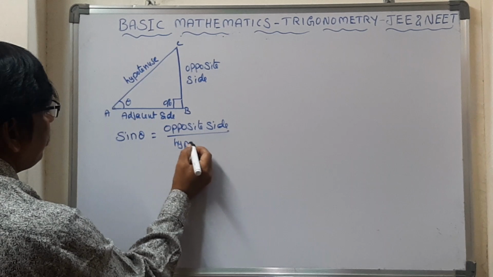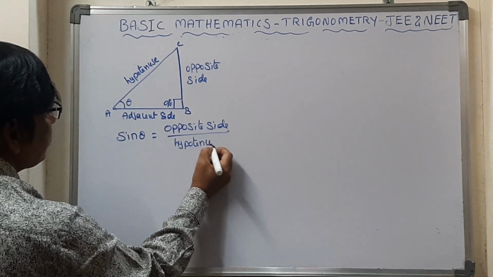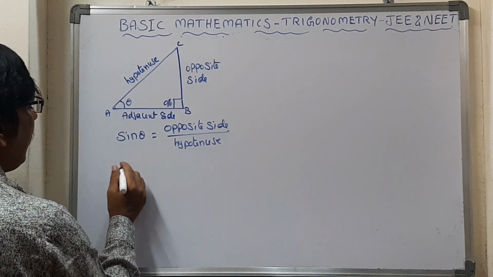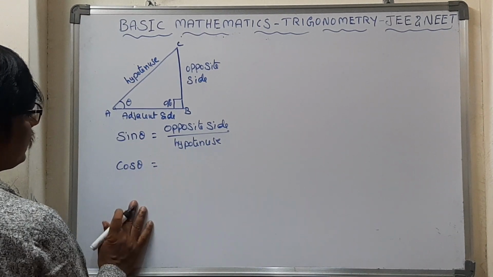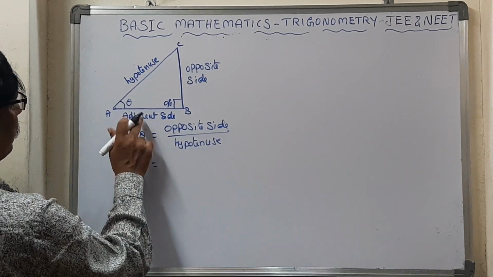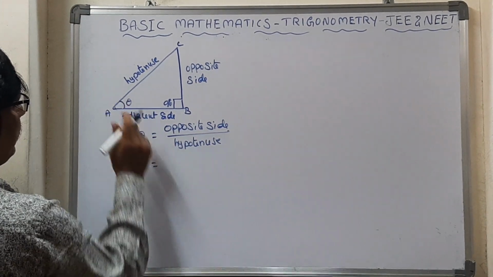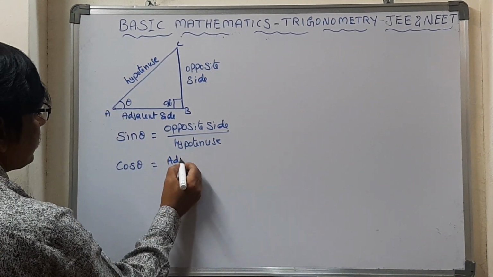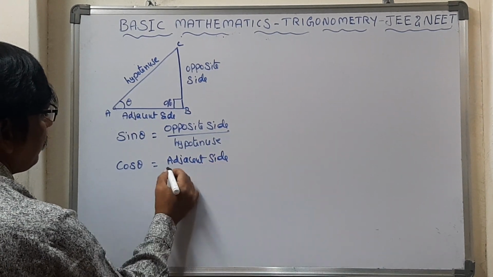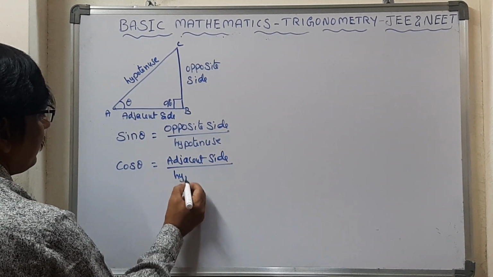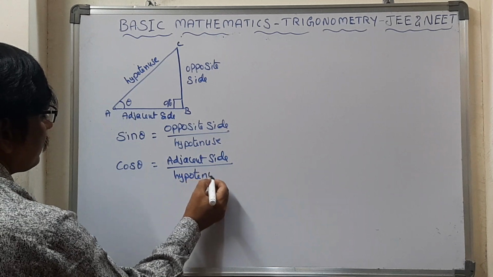The next one is cos theta, cosine theta, which is equal to adjacent side by hypotenuse.